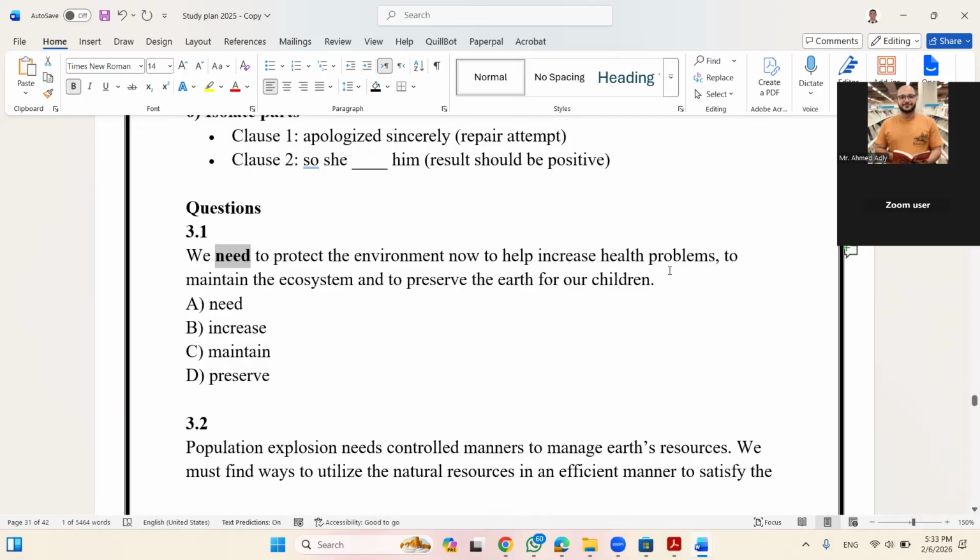Which one have you chosen? Increase. Yes, perfect. We need to decrease health problems. That's wonderful. The word here should be replaced by prevent, stop, decrease, and so on. Maintain is good, it fits the meaning, and preserve fits the meaning too.